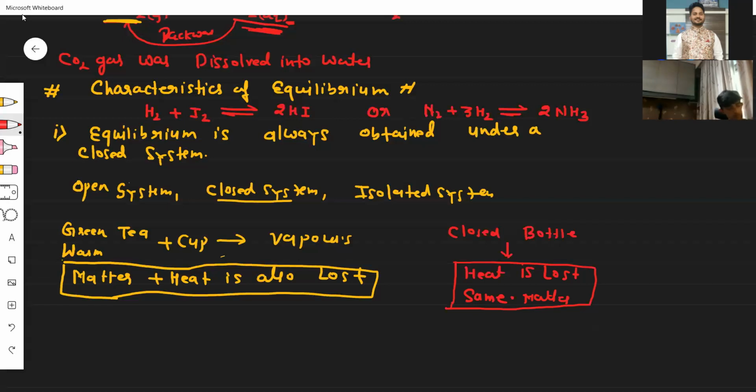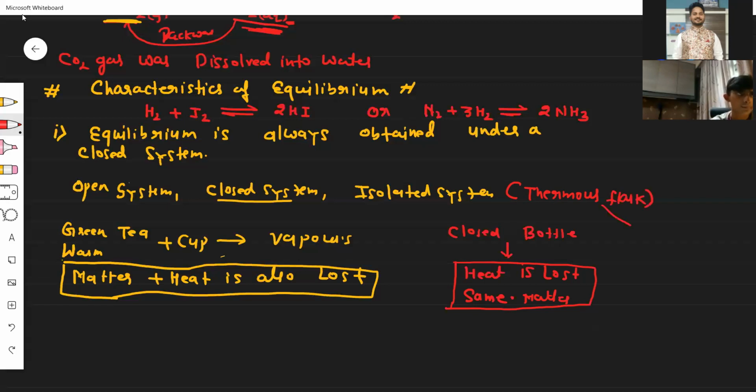Now I will tell you what an isolated system is also. You must have seen the thermos flask. When you put any warm water or milk or anything warm, does it remain warm or get cooled? It remains warm only.